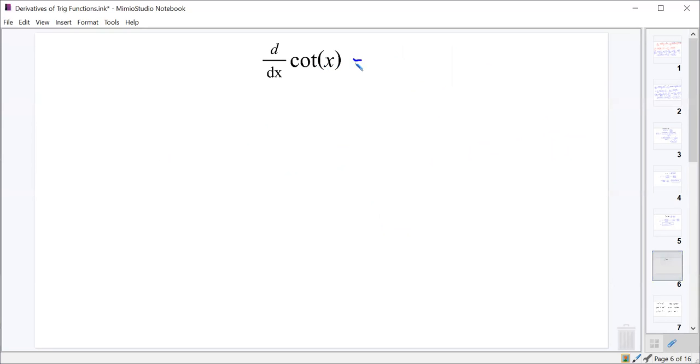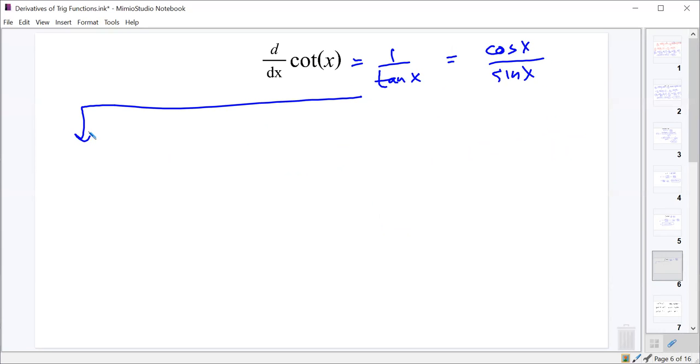1 over cotangent, tangent, or cosine over sine. 1 over tangent, or cosine x over sine x. Either one, right? So 1 over tangent should be negative, and then the derivative of tangent is secant squared x, and then tangent squared x.